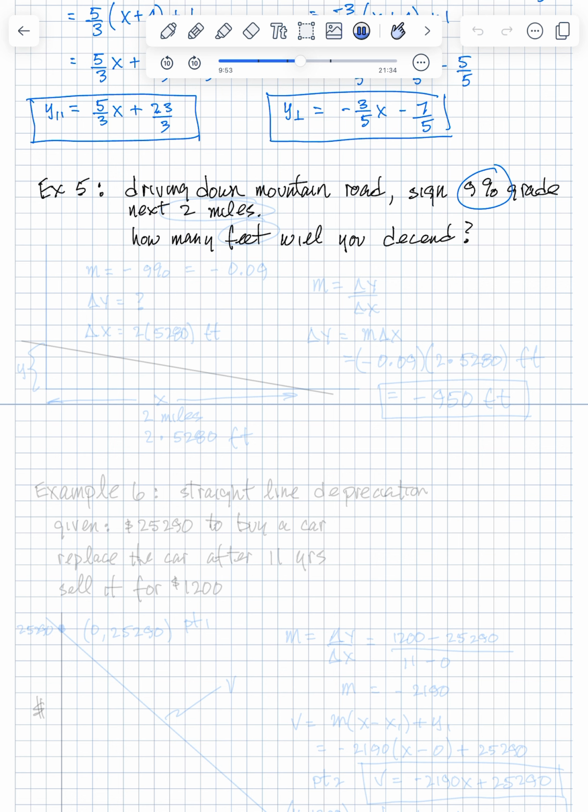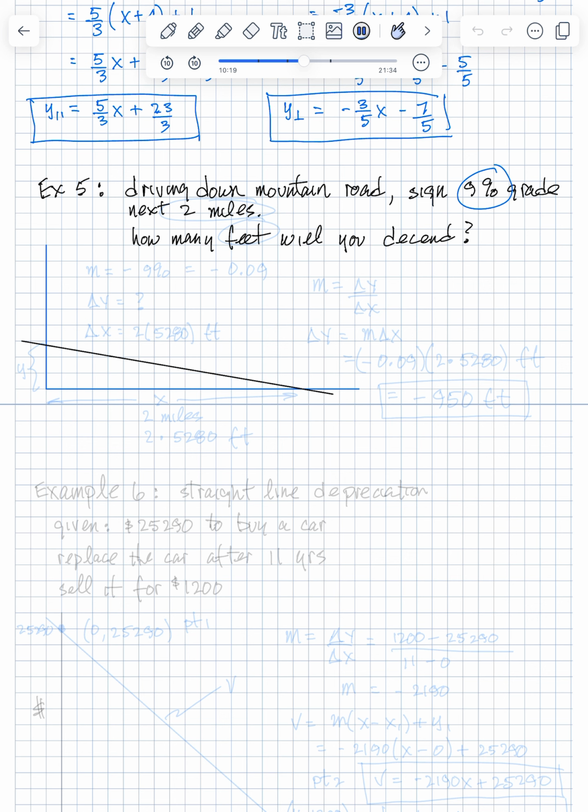So if we wanted to draw what that's going to look like, let's say here's the road, and this isn't going to be to scale. Let's say I just draw in a negative slope, like that.